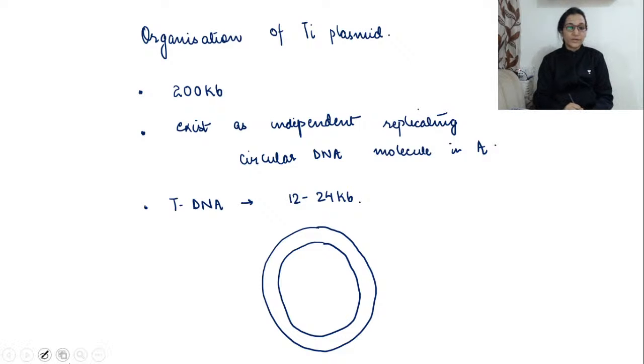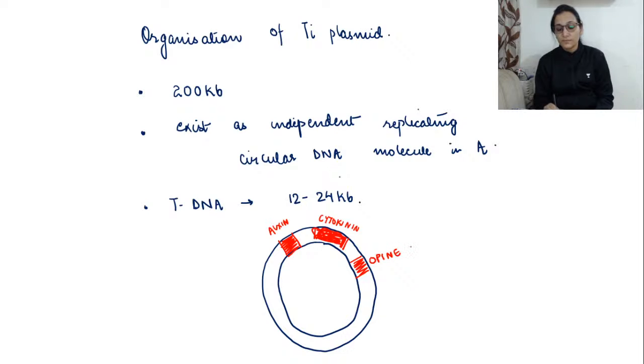There is a part for auxin synthesis, then a part for cytokinin synthesis, then a part for opine synthesis, then there is this border region.